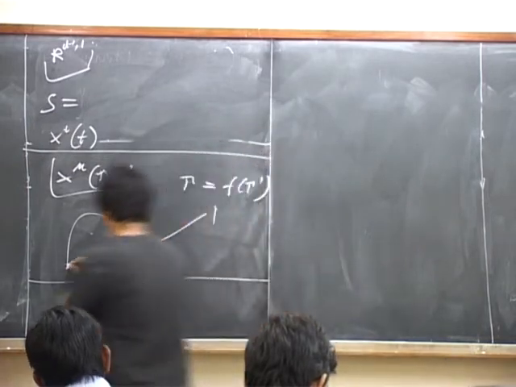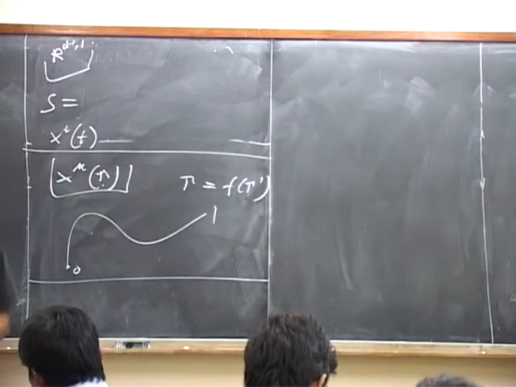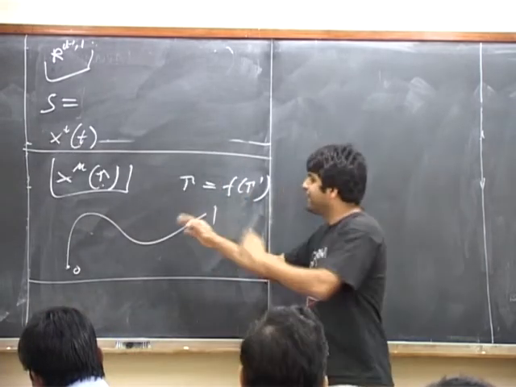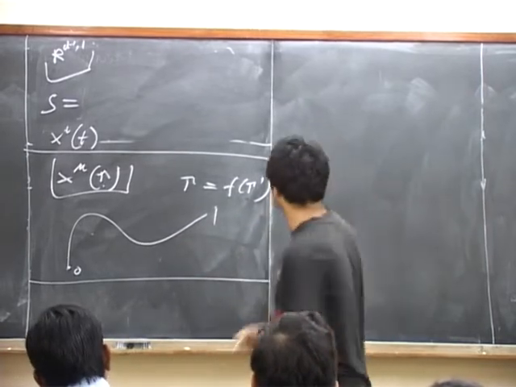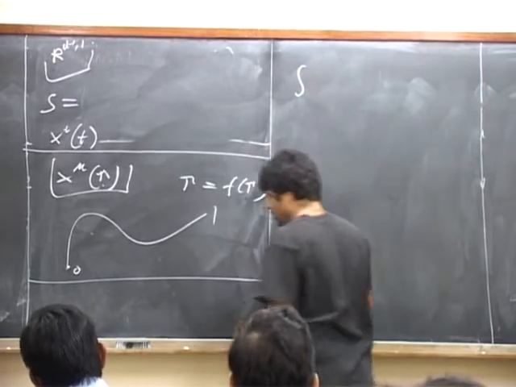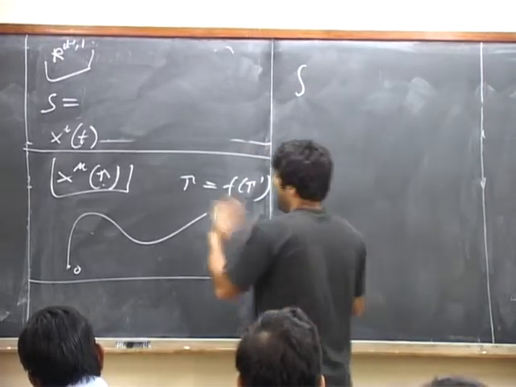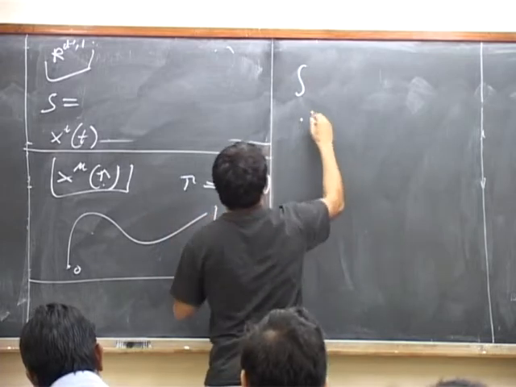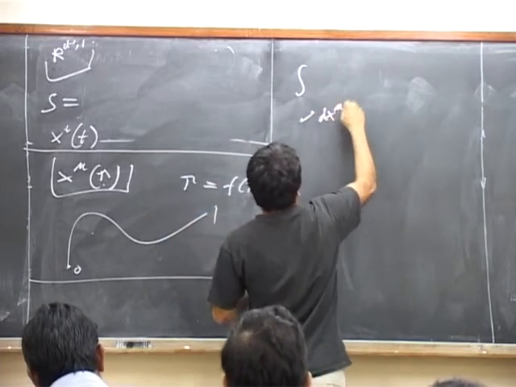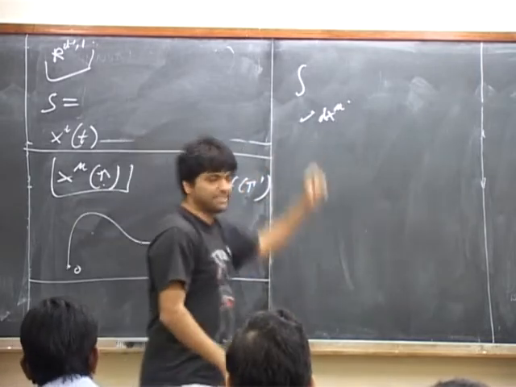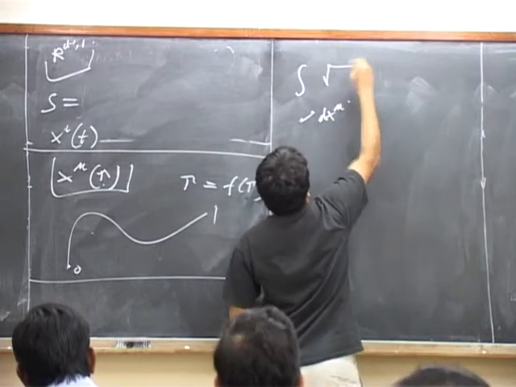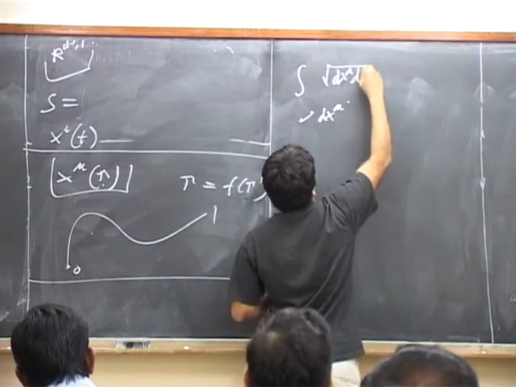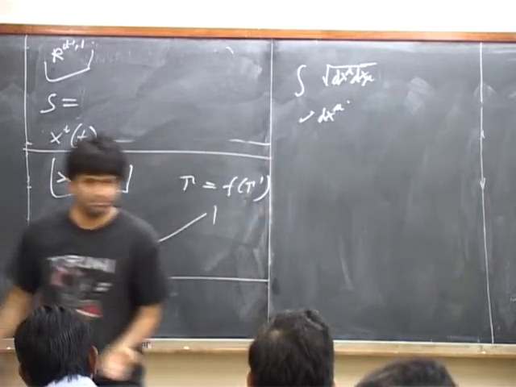So suppose I have some path parameterized by tau, let me write down an expression for the length of that path. Okay? So the length of the path, let's say for a moment we're working in Euclidean space, we get a minus sign in Minkowski space. But if we were working in Euclidean space, well, we know that if there are two points and the difference between the coordinates of these two points is dx^mu, then the length between these two points is simply the square root of dx^mu dx^mu.